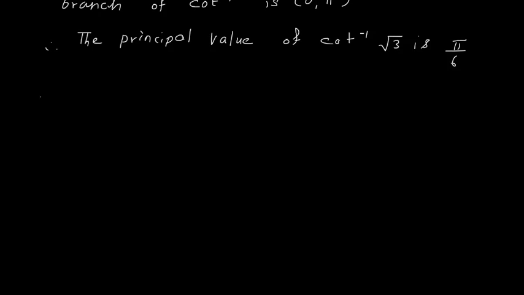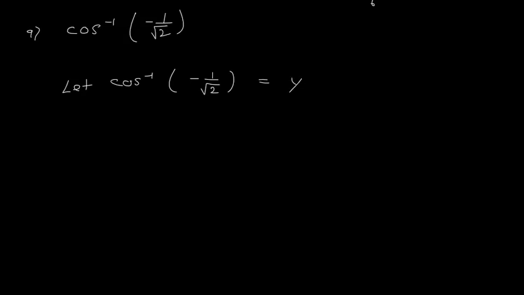Ninth problem, we have cos inverse minus 1 upon root 2. So I will say let cos inverse minus 1 upon root 2 is equals to y.